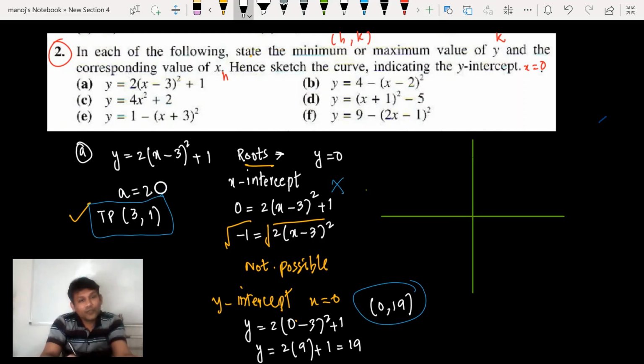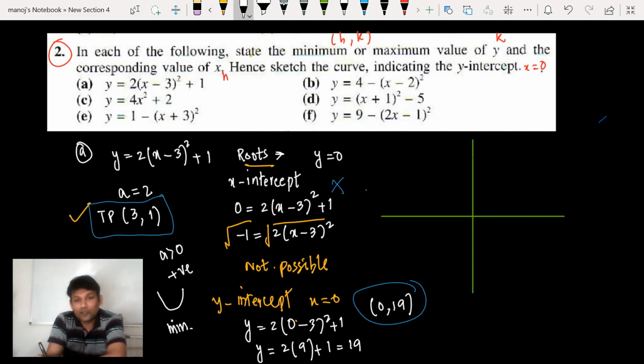When a is greater than 0, it means positive. When you are positive you will be happy. Happy means this shape, so it means you have a minimum point.